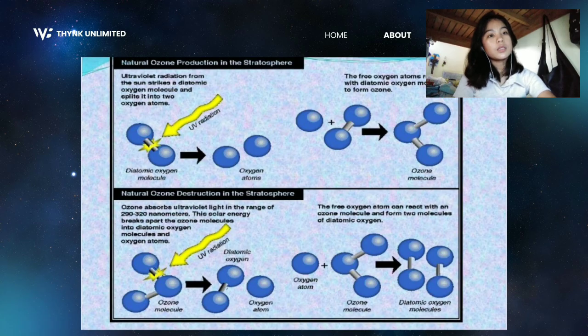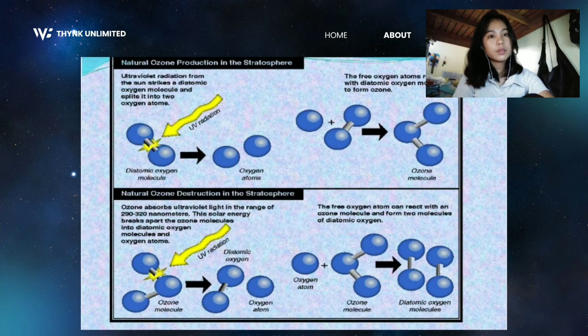So, this illustration shows the natural ozone production in the stratosphere. These blue balls are the molecules, oxygen atoms. Ultraviolet radiation from the sun strikes the diatomic oxygen molecule and splits it into two oxygen atoms.